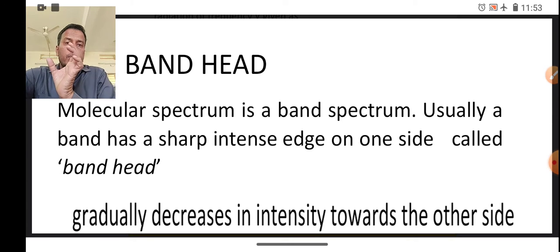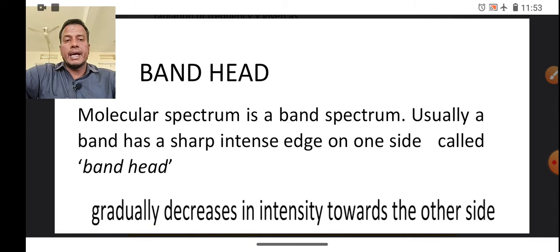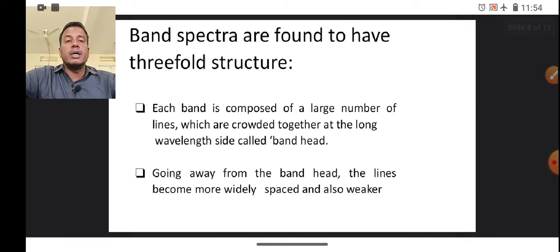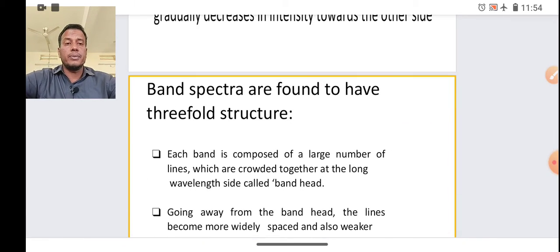The intensity gradually decreases from one end to the other. So a band head is a group of a large number of lines crowded together with different wavelengths.